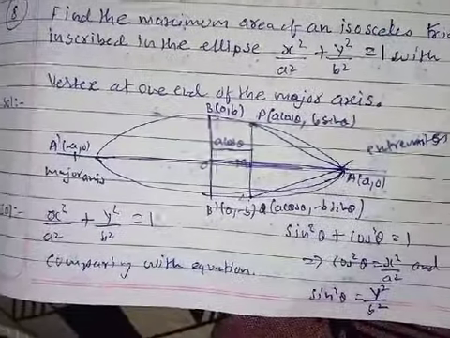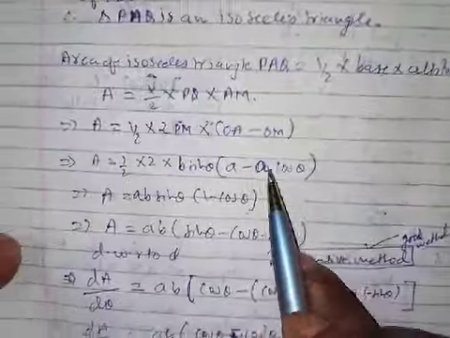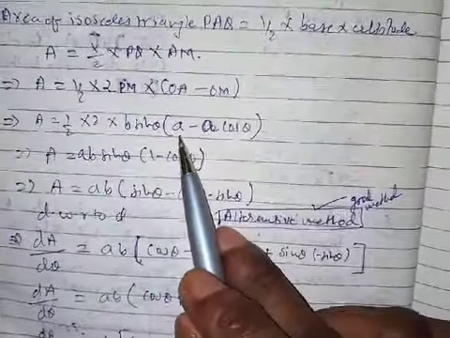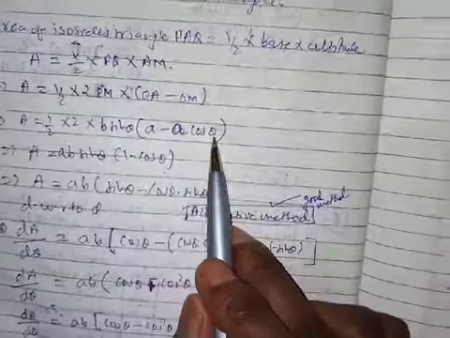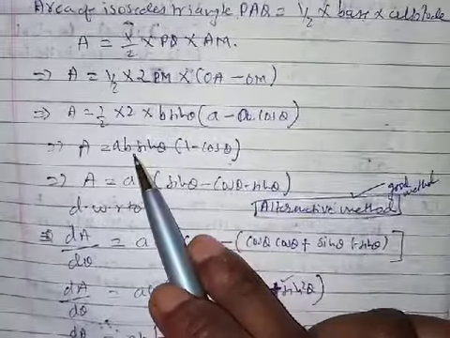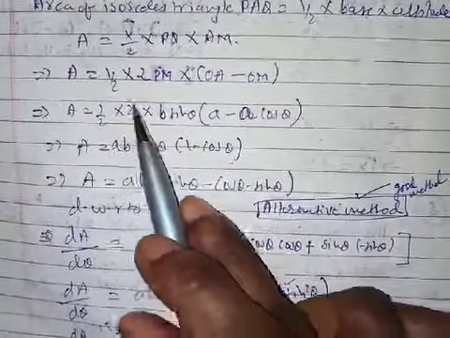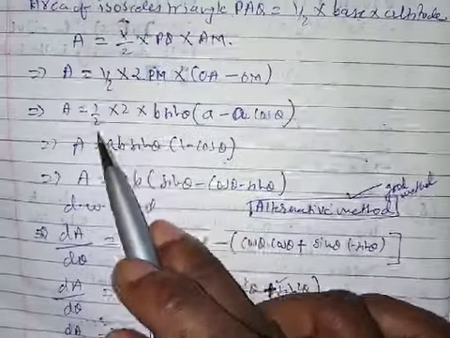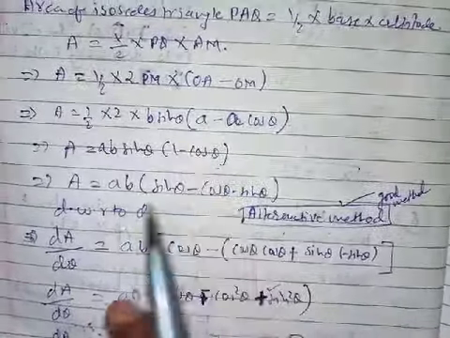Okay, listen. OA minus OM: OA is a, and OM is a cos theta. So if you take a common, you will get a(1 minus cos theta). The 2 and 2 will cancel out. You will get PM. PM is what?